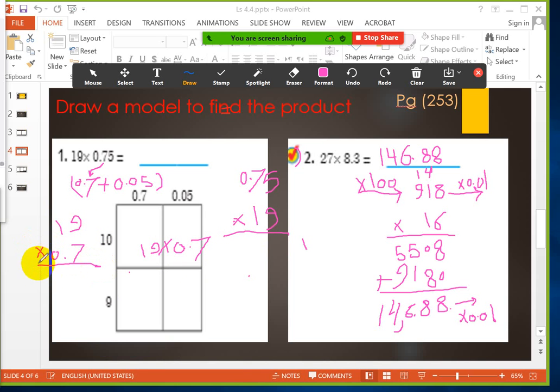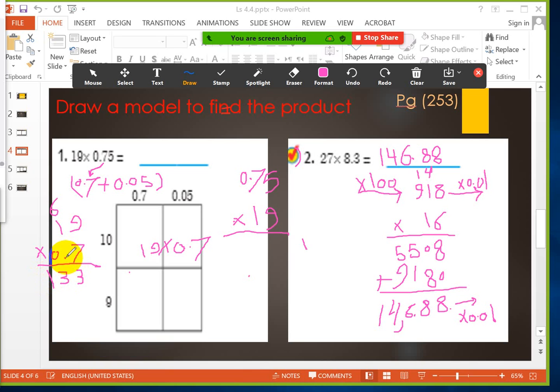7 multiply 9 equals what? 63. So I will put 3 here and 6 above the tens. 7 multiply 1 equals 7. 7 plus 6 equals 13. Very good. So I will put 13 now.